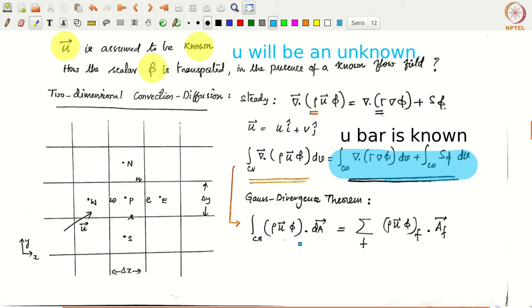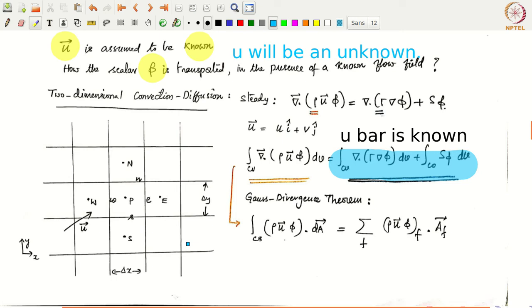Assuming this quantity is a constant on the faces that the control surface is made up of, and that constant can be represented using the face centroid value, we can transform this continuous integral into a discrete summation, sigma over f of rho u bar phi sub f dot A f bar, where A f bar is the area vector for each of the faces, that is east, west, north and south, which we already know.